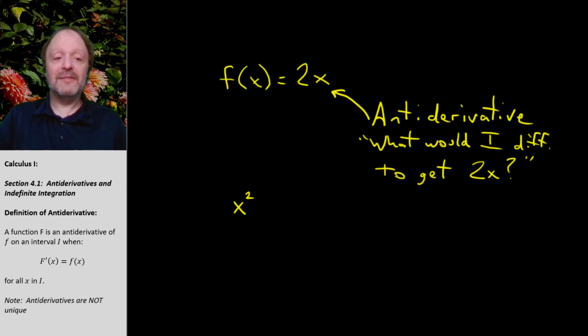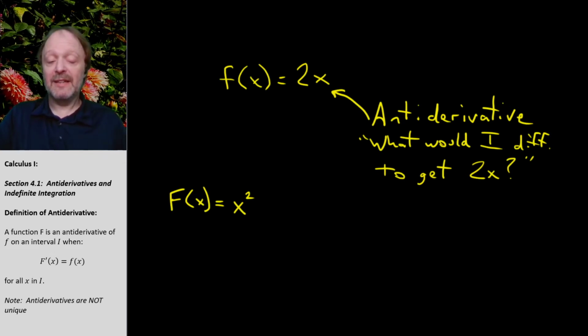So that is, like I said, a lot to take in. What that means is the antiderivative that I find, let's say capital F, when I differentiate it, gives me back my original function.